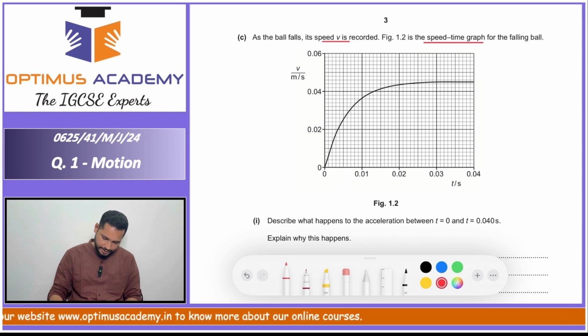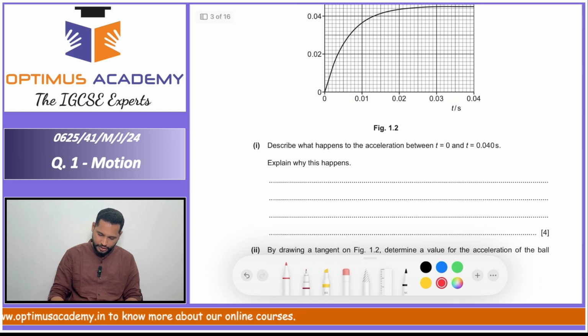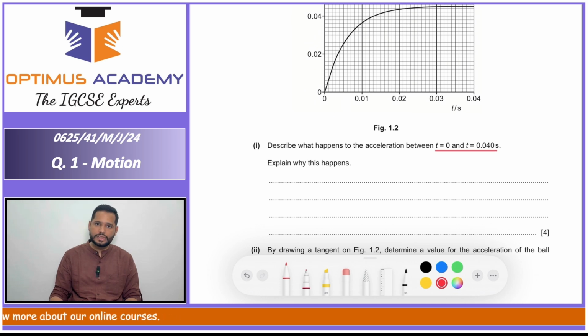Question says describe what happens to the acceleration between 0 seconds to 0.04 seconds. So as we discussed, during the motion of the ball in the oil, the resistive forces are acting on the ball, and because of that, the acceleration decreases.